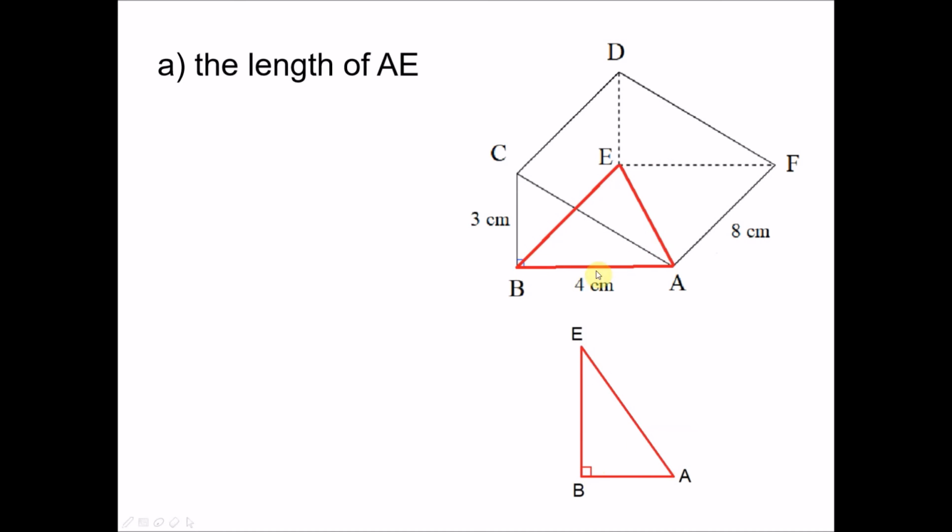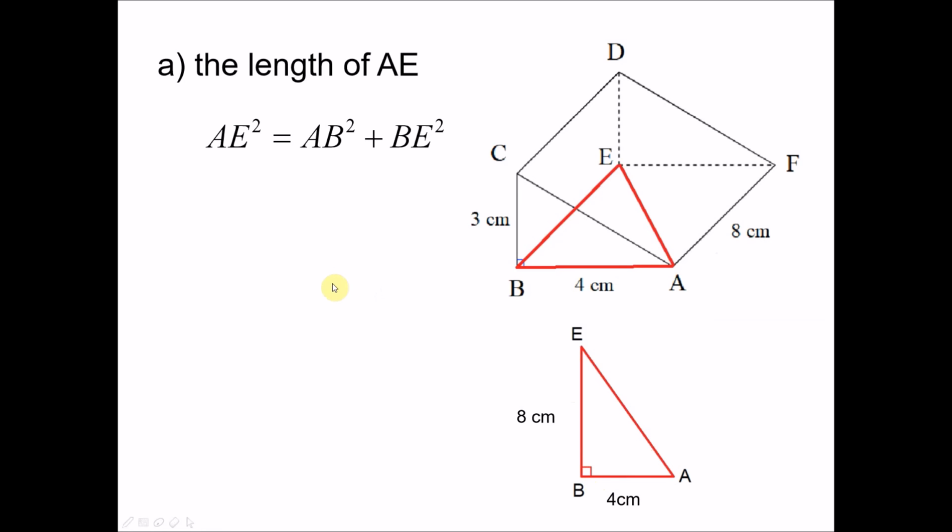So BA is 4, and EB, which is here, has the same length as AF, which is 8. So EB is 8 and BA is 4, and we can use Pythagoras theorem to find EA since this is a right-angled triangle.